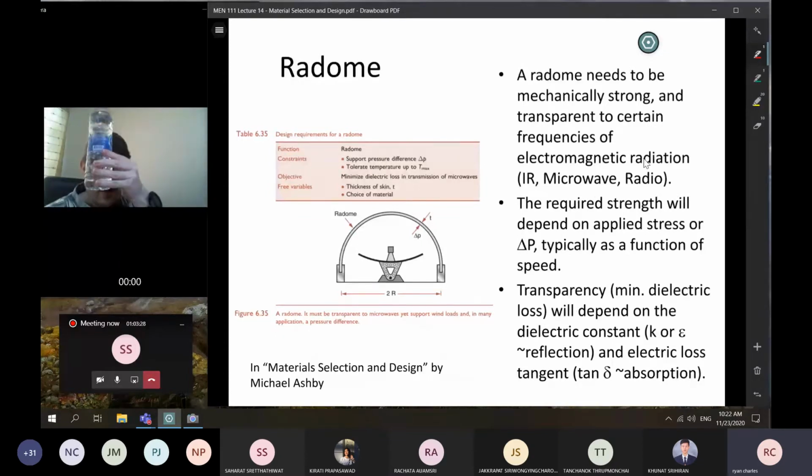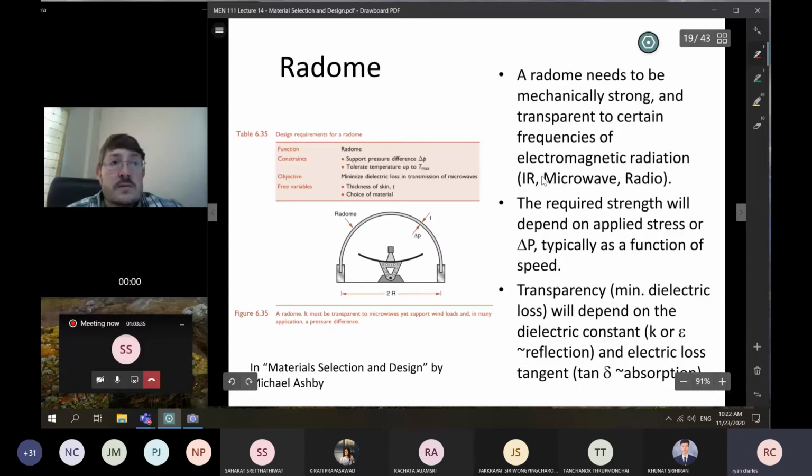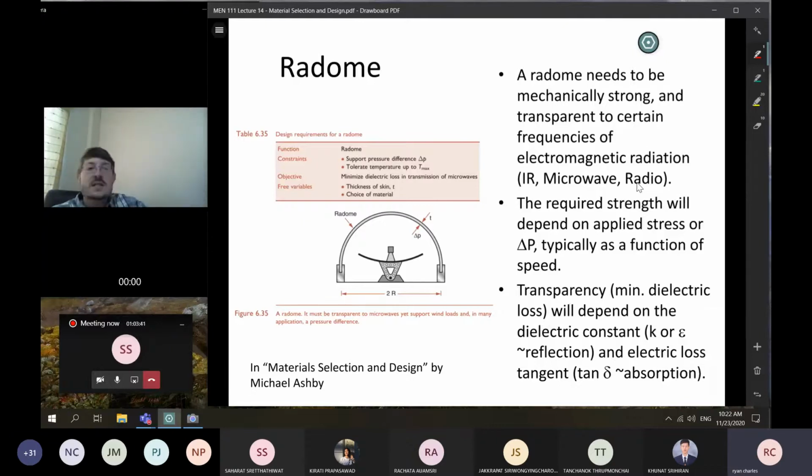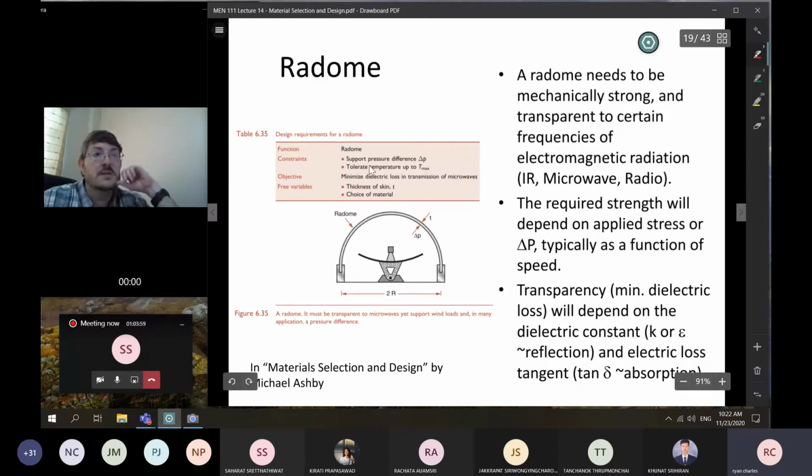It's not looking through a water bottle, not visible transparency, but perhaps infrared transparency or microwave or radio, whatever the radar antenna is based on. It needs to be transparent so the antenna can see through it, so it can get signal. It wouldn't be a good radome if it reflected all of the energy. That wouldn't be good at all. So it needs a different spectrum of transparency and mechanical properties.